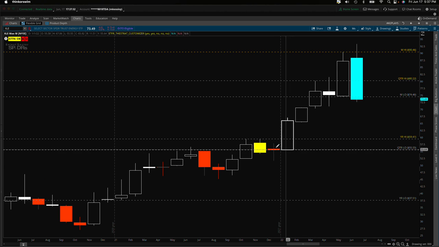So when the year started in January, we went inside bar, 2 down, 2 up. This is the 1, 2, 2 reversal. The 1, 2, 2 bullish reversal.